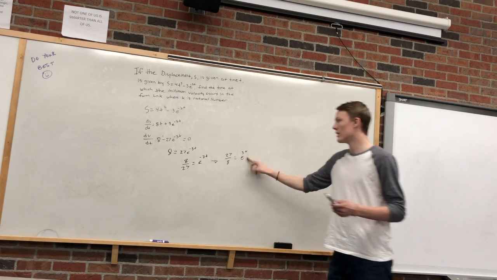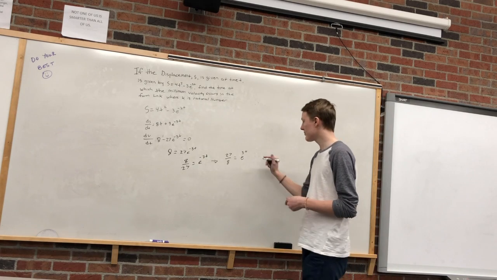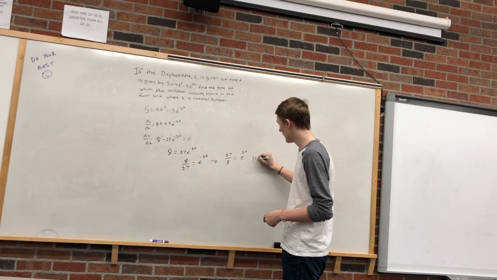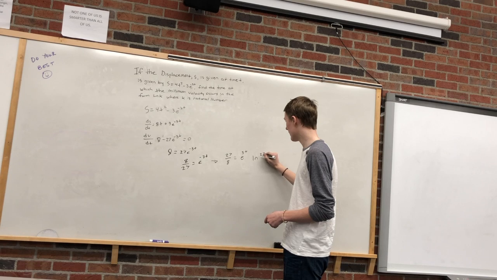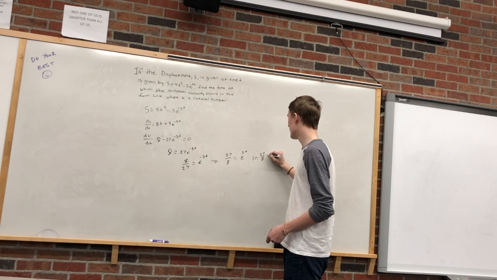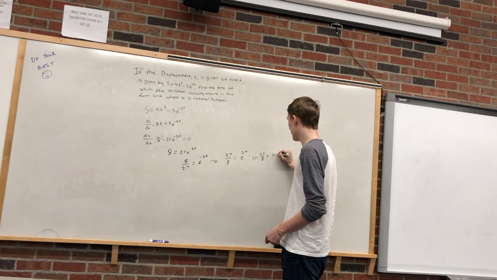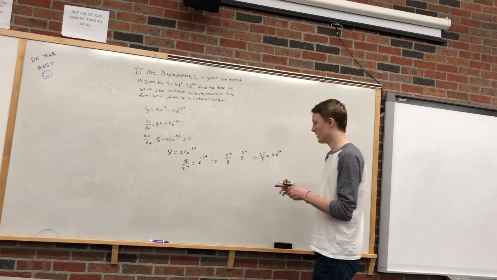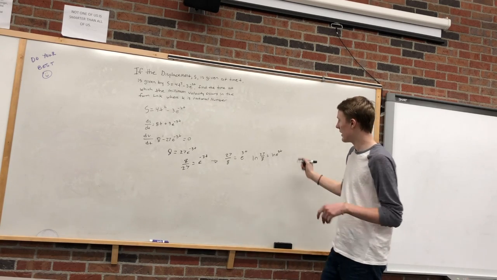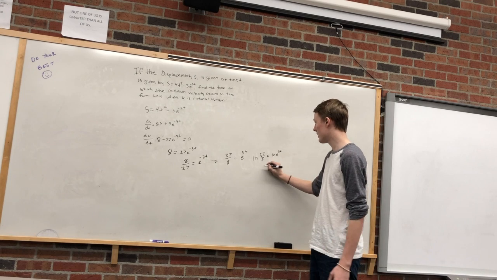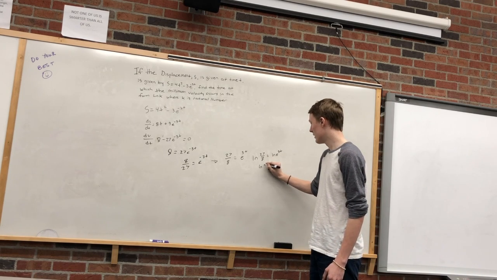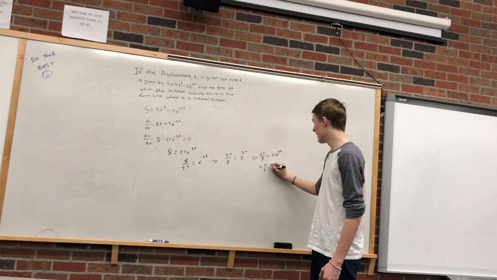To get rid of the e, we have to take ln. And so then we have ln of 27 over 8 is equal to ln of e to the 3t. Then this goes away, and so we have ln of 27 over 8 is equal to 3t.